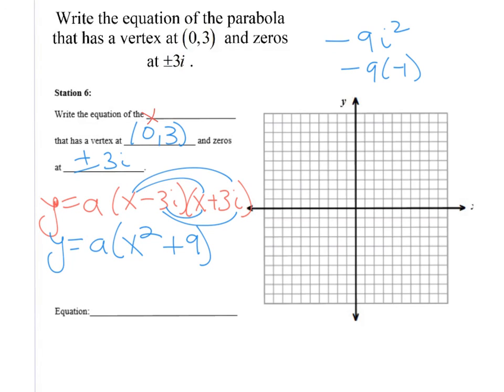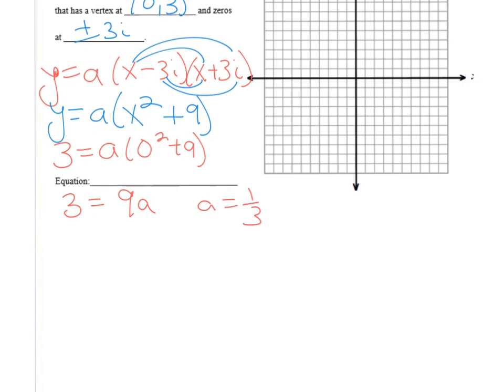We're going to use our vertex to plug in to solve for it. So I get a is 1/3. So your equation, 1/3 x squared plus 9.